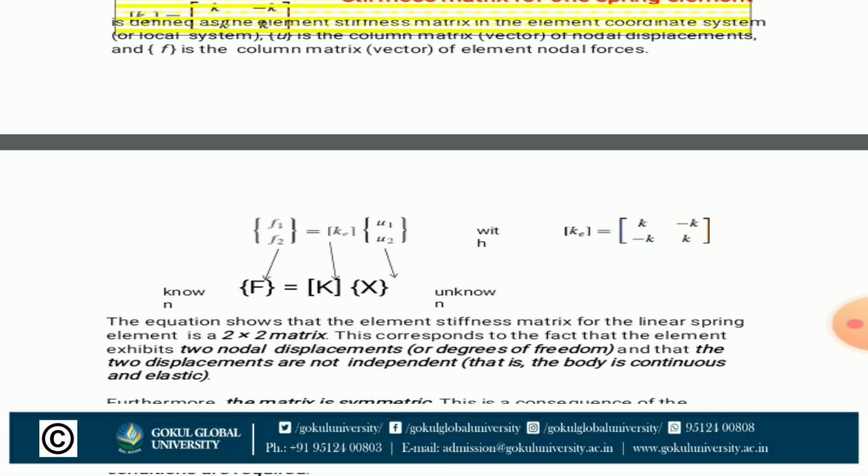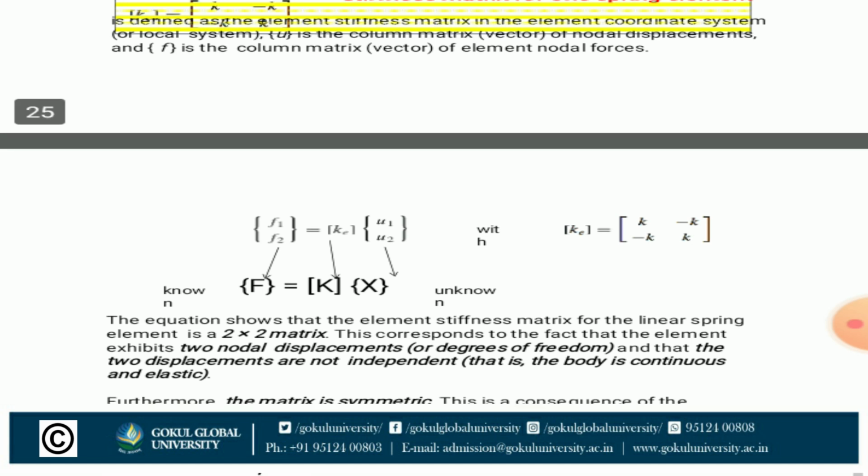Furthermore, the matrix is symmetric, which is a consequence of the forces being equal and opposite to ensure equilibrium. The matrix is also singular and therefore not invertible. That is because the problem as defined is incomplete and does not have a solution; boundary conditions are required.